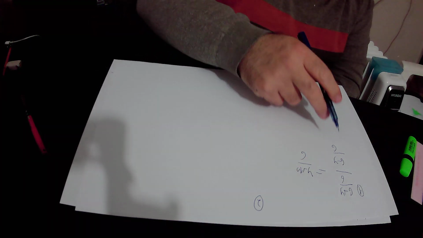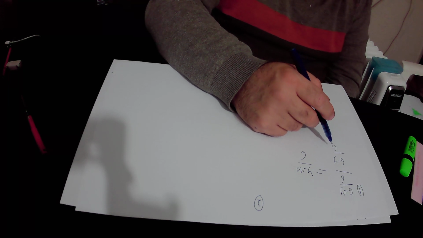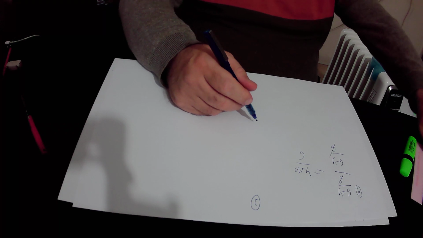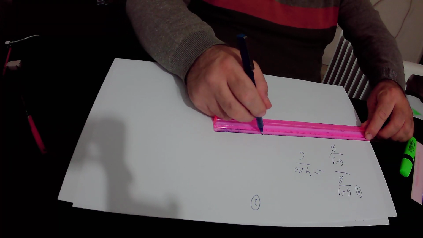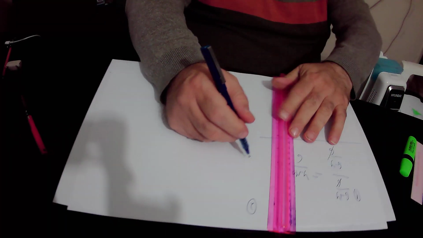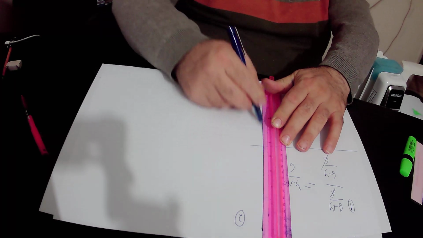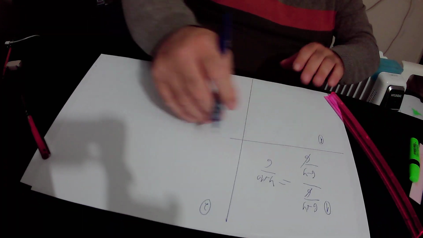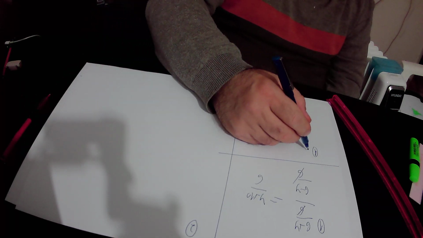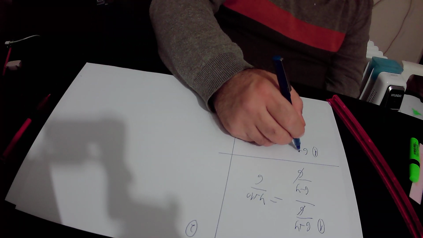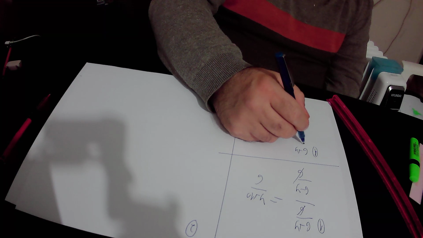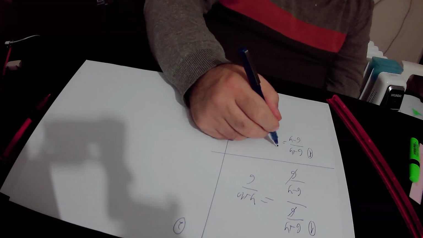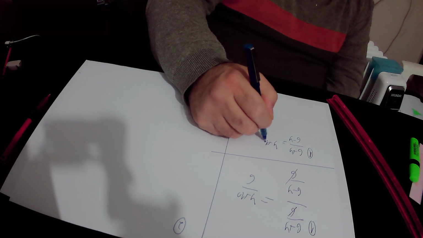Here we have 6 in the numerator and 6 in the denominator, so the 6 will get cancelled, and what is left is (6 plus y) over (6 minus y) equals (y plus 10) over 6.